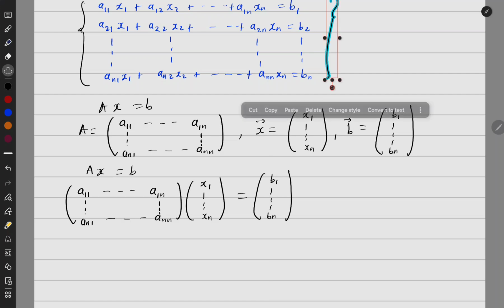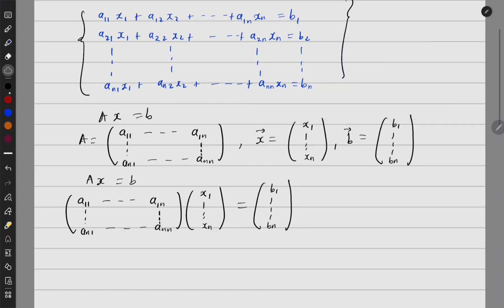In most cases we shall be given this, and we shall be trying to generate the matrix A, the x and b. You have to be careful because sometimes they can interchange, in case you have been given an example.